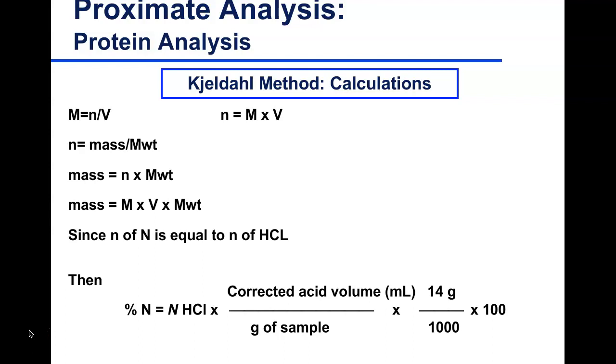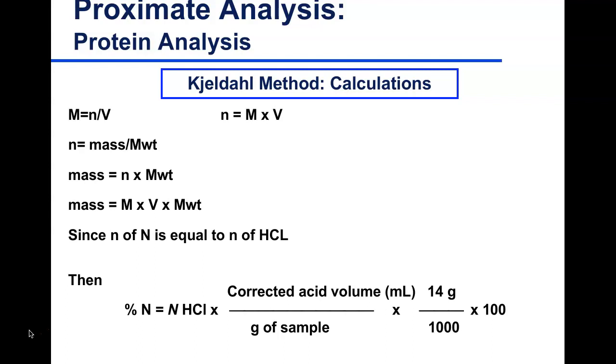Okay. So those are the things we know, and these are the equations. From here, we now need to calculate percent nitrogen. So our percent nitrogen, that's going to equal our grams of nitrogen over our grams of sample, sorry, my handwriting's awful, times 100. You all agree with me on this one?